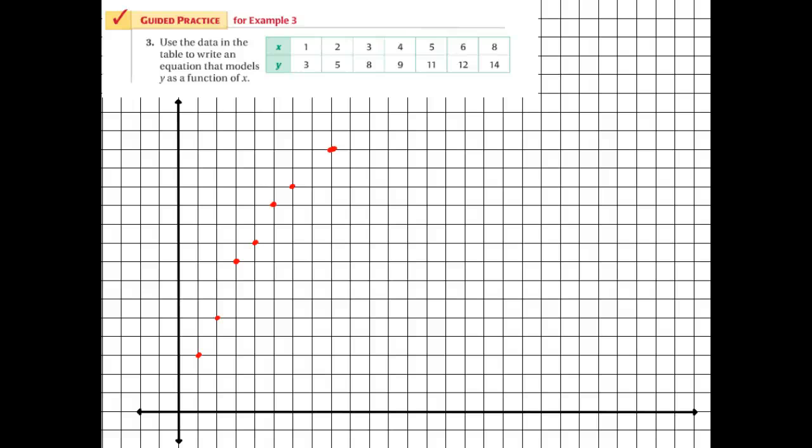Okay. So here are my points, and now I'm going to go ahead and draw in a line of fit. You can't see this, but I have a meter stick with me, and I'm going to sort of put it in here. And what I'm going to do here is look for a line that kind of goes through this data somewhere in here. Let's take a look at that.